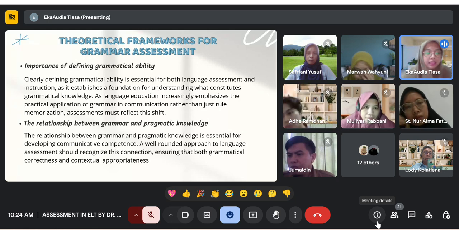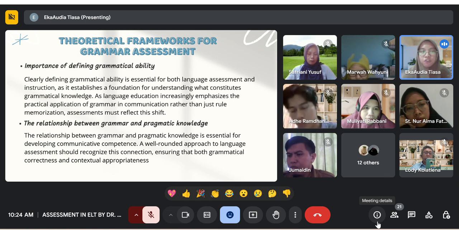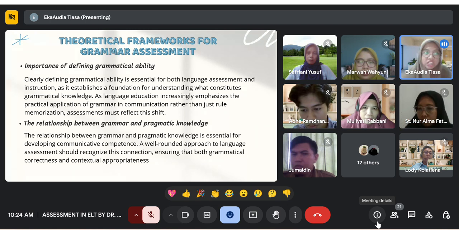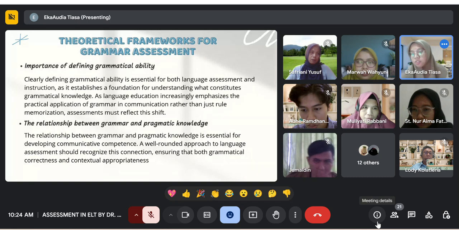Defining grammatical ability is the key to designing valid, reliable, and meaningful assessments that not only evaluate knowledge, but also enhance teaching and learning outcomes.